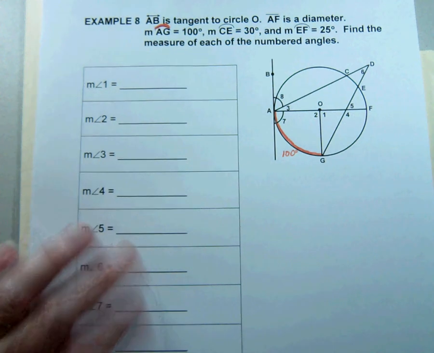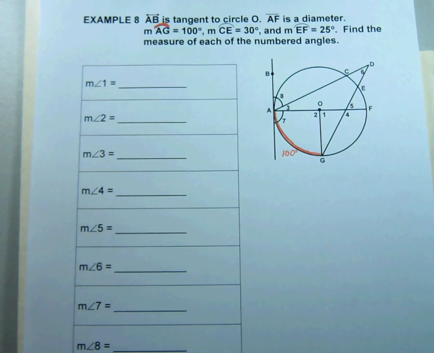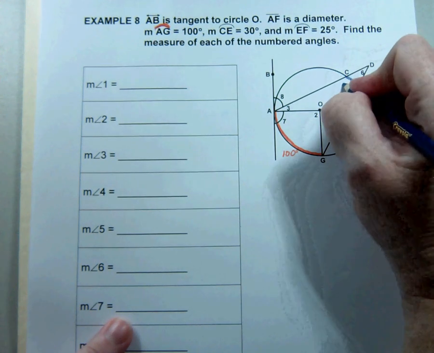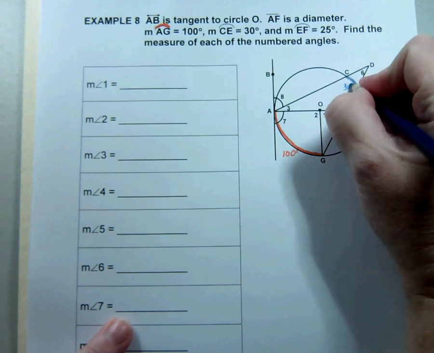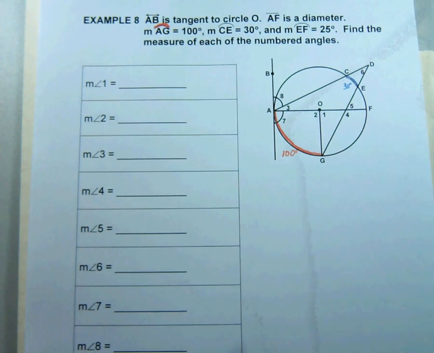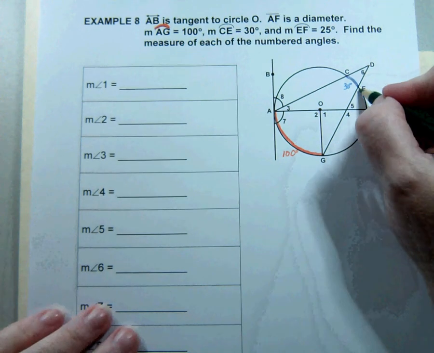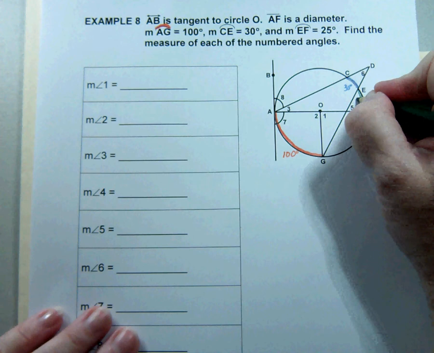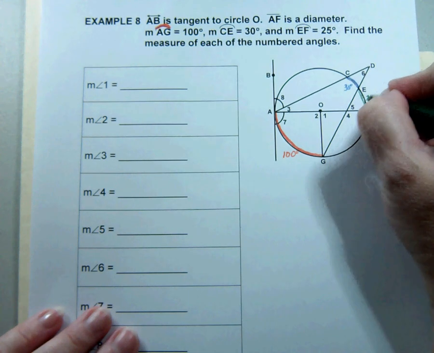And CE is 30. I'm going to use a blue. That's 30 degrees. And EF, where's EF? EF is 25. I'm going to use a green to do that one. 25.